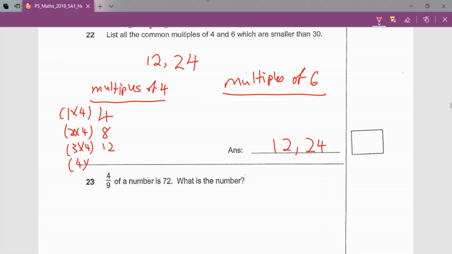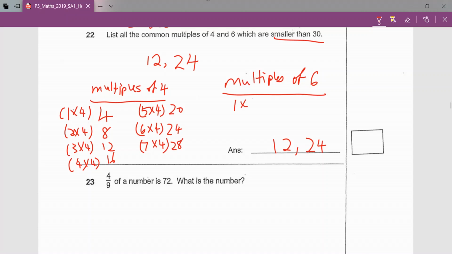You have 4 times 4, 16. You have 5 times 4, 20. 6 times 4, 24. 7 times 4, 28. And I'll stop here because the next one is not smaller than 30.